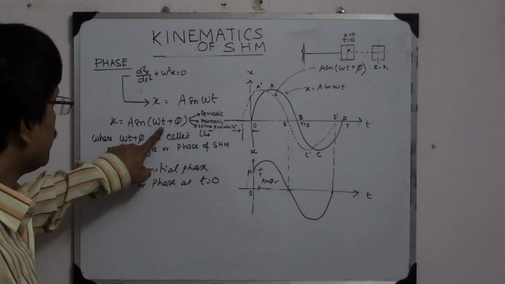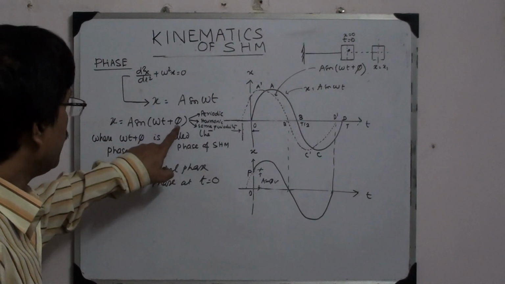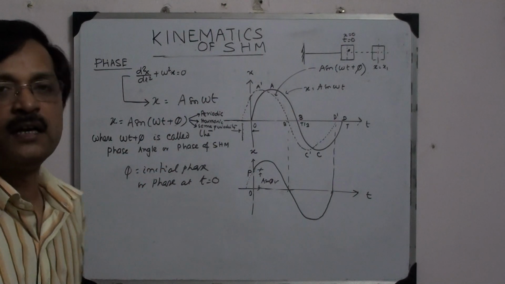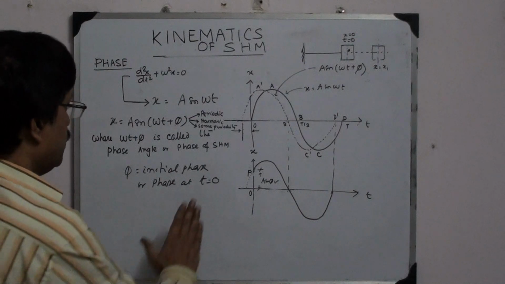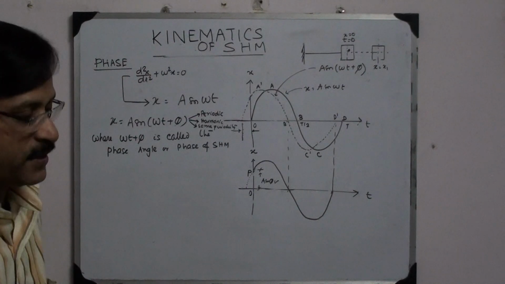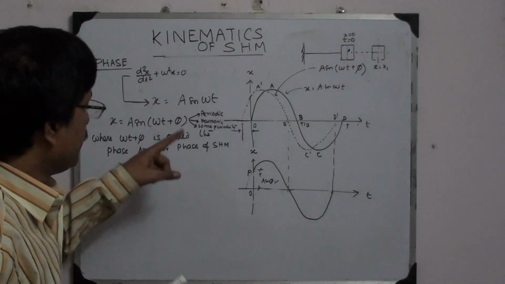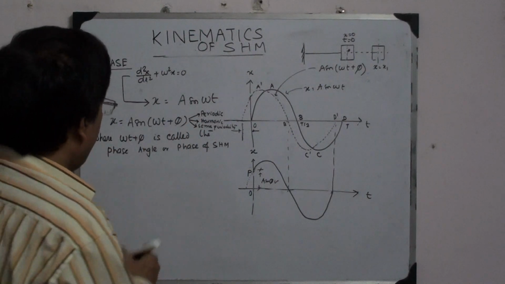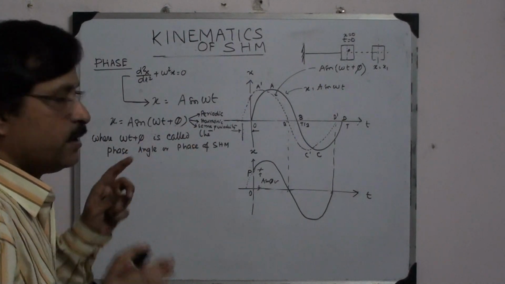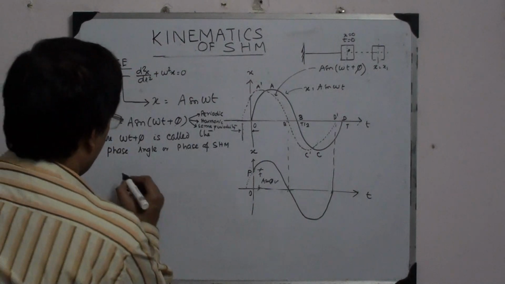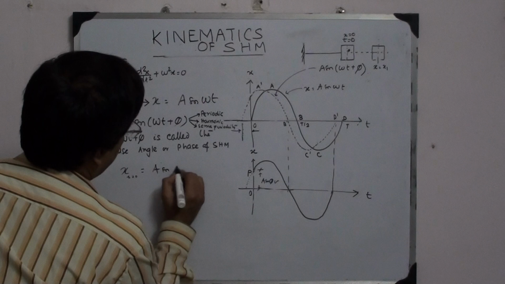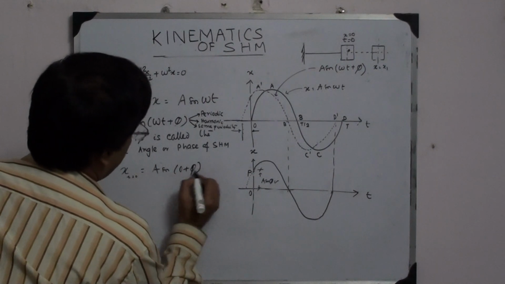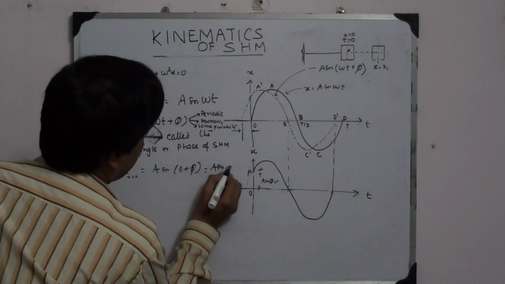If you put t is equal to 0, you will find that this phi is the initial phase of the simple harmonic motion. Now what is the implication? Simply the implication is like this. If x is a sin omega t plus phi, just put t is equal to 0: x at t is equal to 0 is a sin 0 plus phi, that is equal to a sin phi.